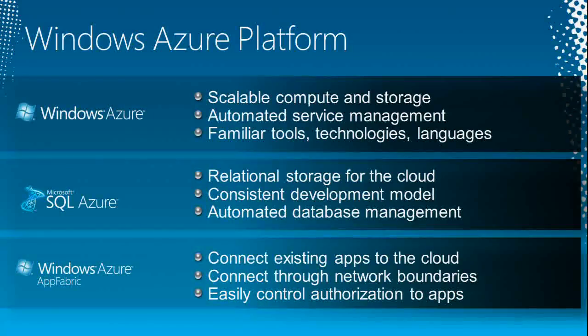If you look at Windows Azure, there's also SQL Azure, and you could think of that as SQL Server in the cloud. It's a slightly different architecture, but relational databases. And then Windows Azure App Fabric, which is essentially a service bus. You'll see an example later on when Steve comes up. App Fabric allows us to take services in the cloud and connect them to on-premises. I wouldn't say circumventing the firewall, but certainly having a direct service-to-service endpoint connection, which is very useful.